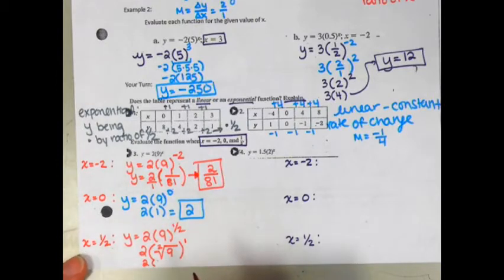What's the square root of 9? What two numbers multiply to be 9? 3. 3 to the first power is 3. And what's 2 times 3? There you go. Any questions with that?